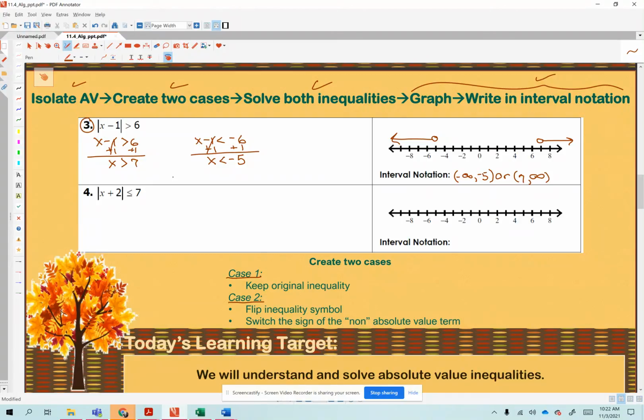So we'll write our answer: x is less than -5, or x is greater than 7.